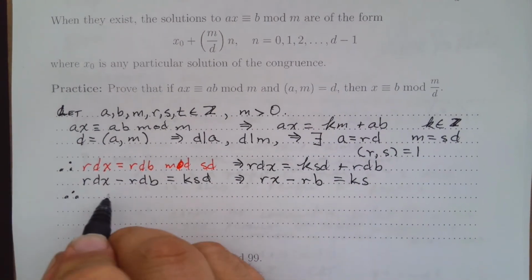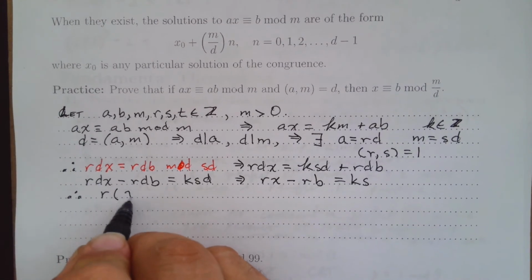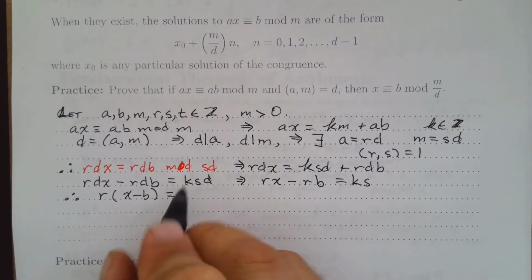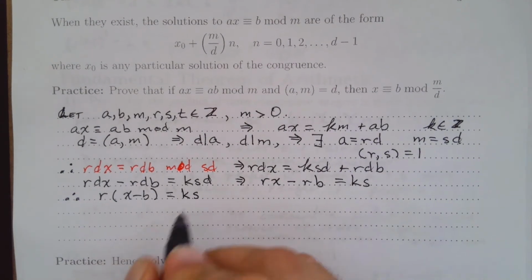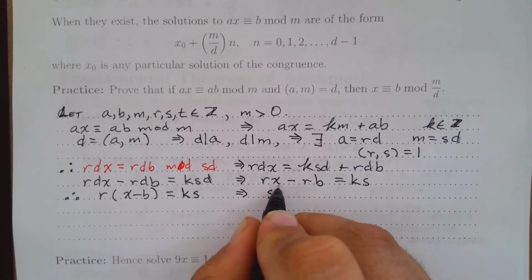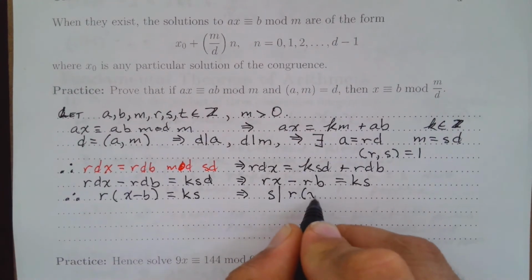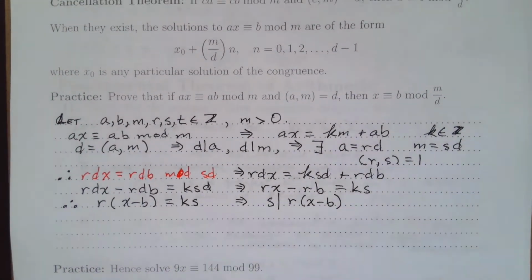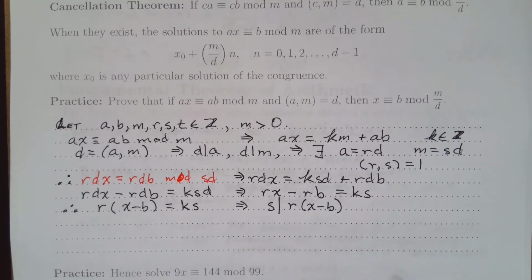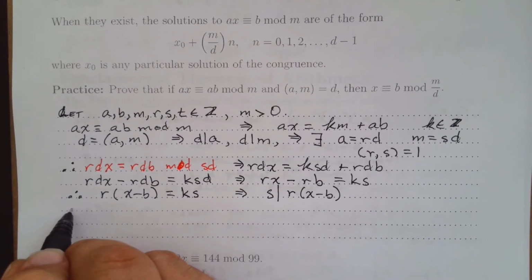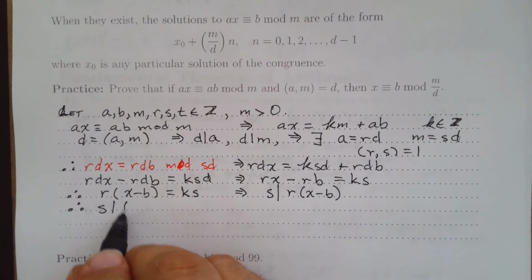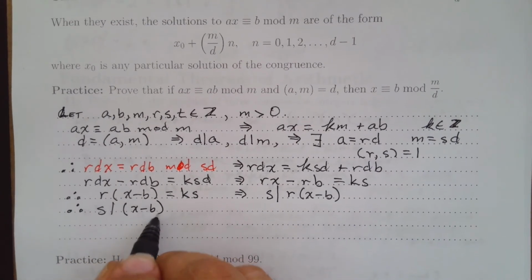So therefore, factoring out an R, R times x minus b is equal to K times S, which implies that S divides R times x minus b. However, since S and R are relatively prime, only S divides x minus b.